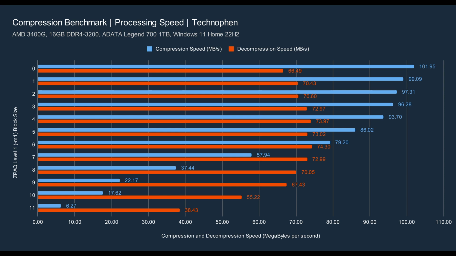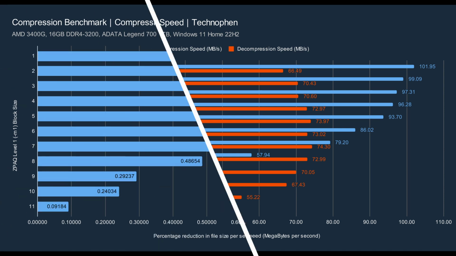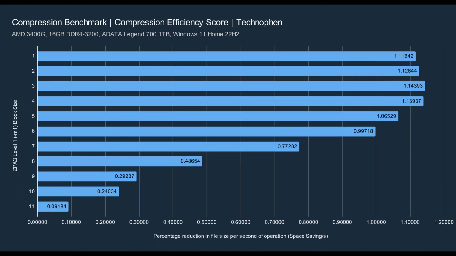Still, the decompression speed is largely unaffected until block size 10 and 11, but compression speed plummets from 100 megabytes per second to only 6 megabytes per second, and that costs efficiency score at 0.09. It's the least efficient in level 1.